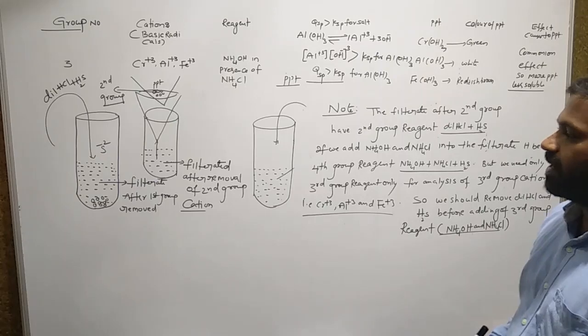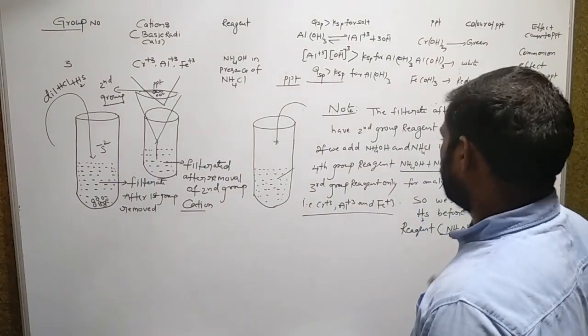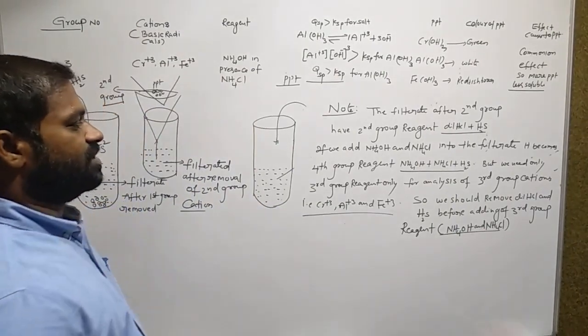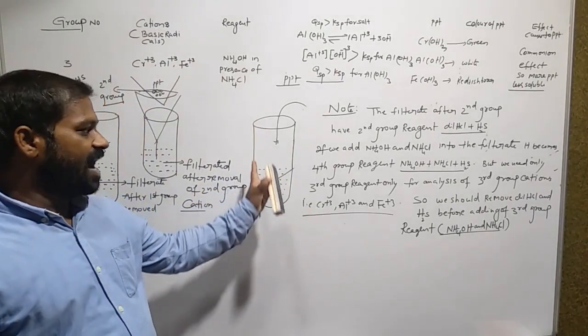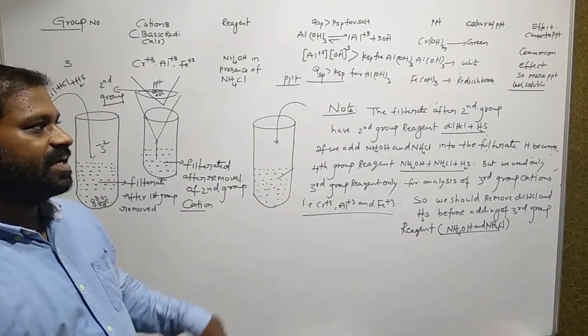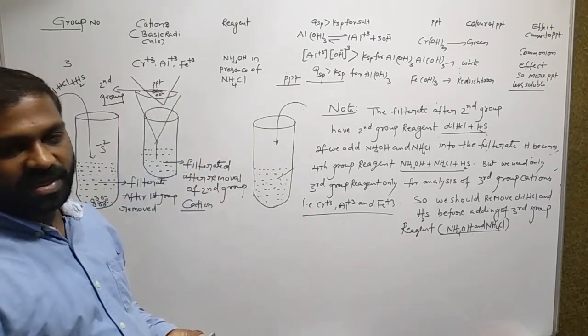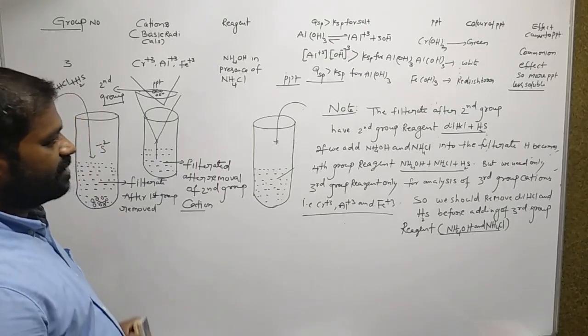Before adding the third group reagent, we have to heat this filtrate which is from the second group. Otherwise, if we directly add, it becomes the fourth group reagent. That is analysis for only the fourth group. There is no chance to analyze the third group. Write it down. Okay.